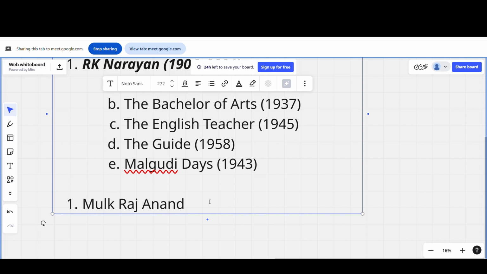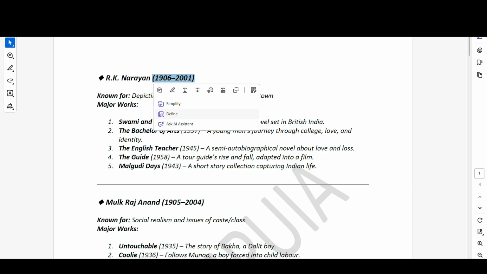So he wrote so many, like Untouchable, Coolie and all. I've read those already. He talked a lot about Dalits, people who we consider untouchable, the so-called low class people. He's a very important and popular writer, especially in IWE.